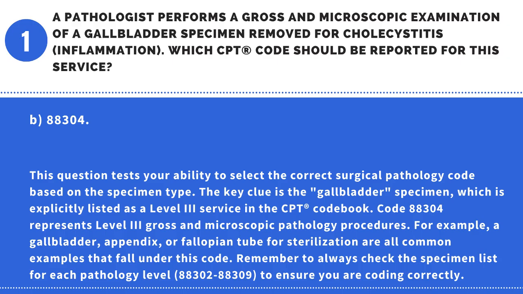For example, a gallbladder, appendix, or fallopian tube for sterilization are all common examples that fall under this code. Remember to always check the specimen list for each pathology level, 88302 to 88309, to ensure you are coding correctly.